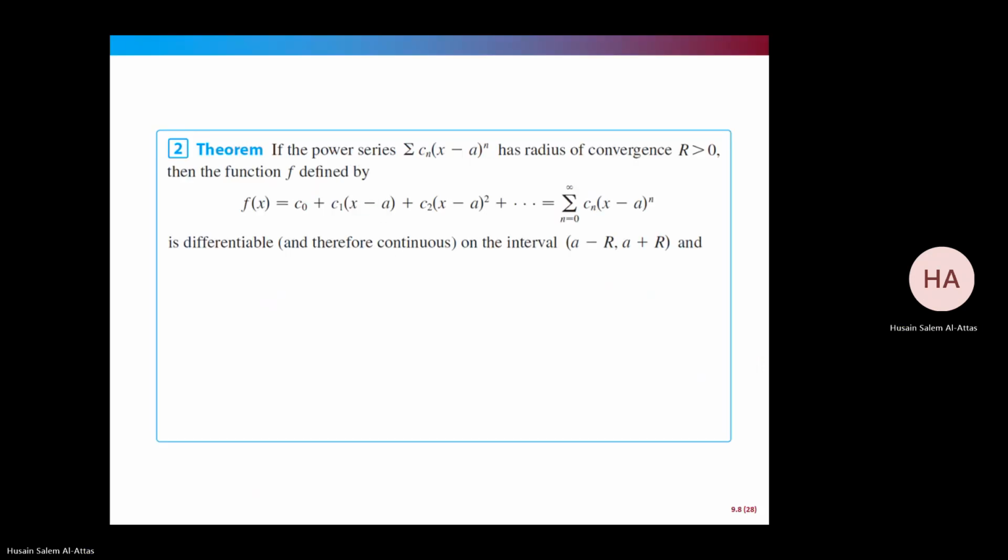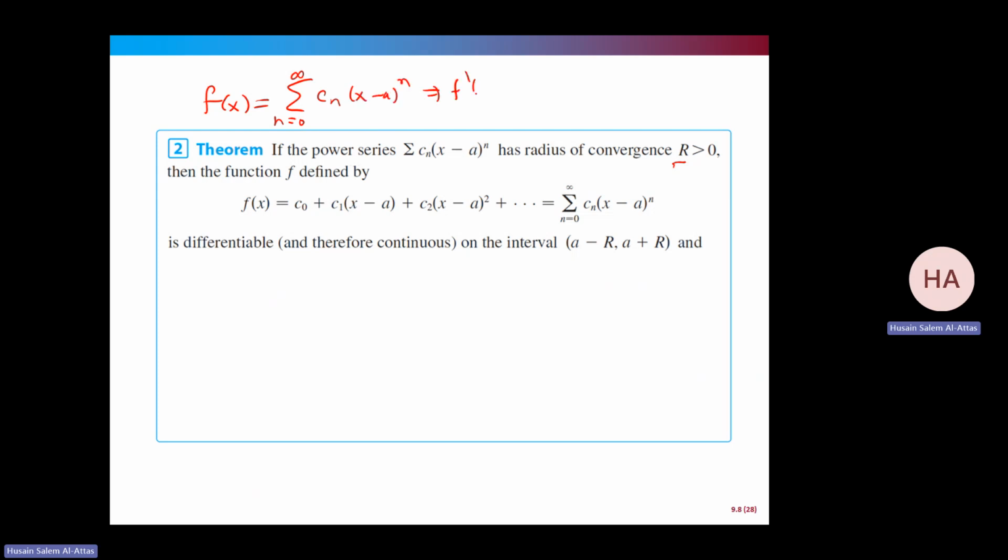If you have this power series with radius of convergence R, differentiate it. Actually, we did this. So it will be f prime. I have f of x, sum of a_n (x minus a) to the power n.